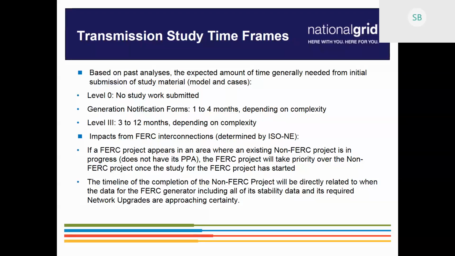I believe projects all get put on hold while this transfer analysis is being done. Once that transfer analysis goes to the ISO, it goes on to the consent agenda if they agree with it, and then it goes to reliability committee for approval, and then projects fall out of that hold and go back into a system impact study, correct?